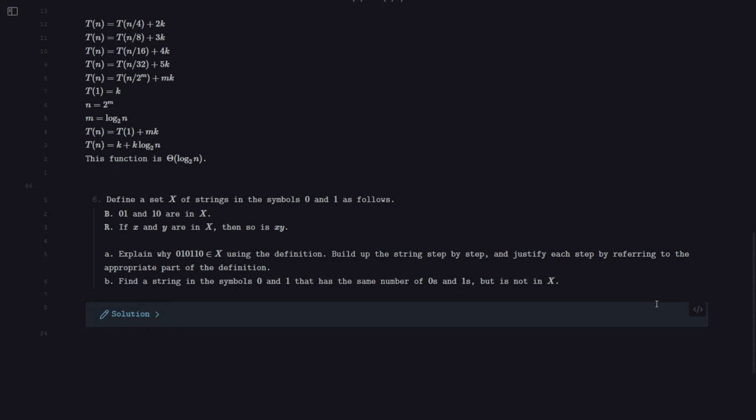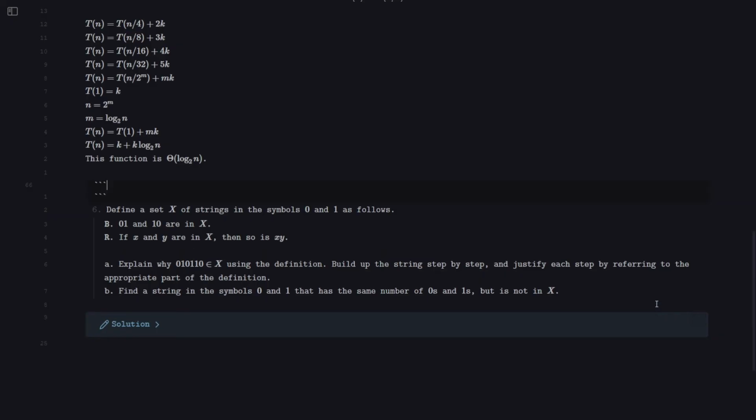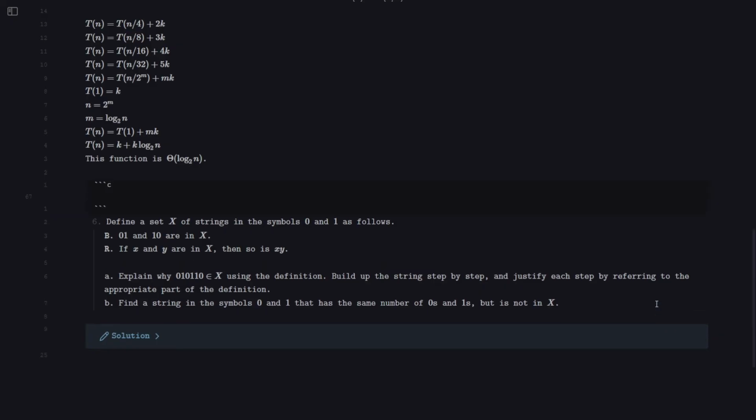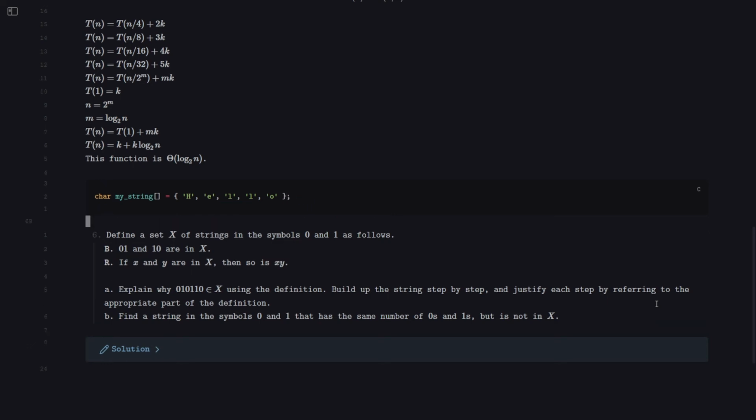Now, symbols are basically like characters, like in the C language. If you wanted to make a string, you could go char myString, an array like H, E, L, L, and O. Technically, you'd also need to follow it up with a null character, but that's not our concern here.